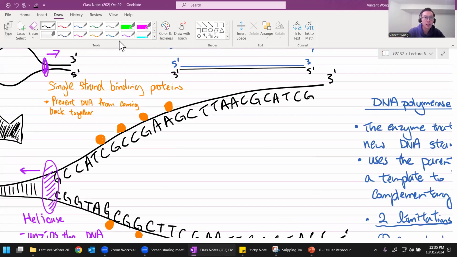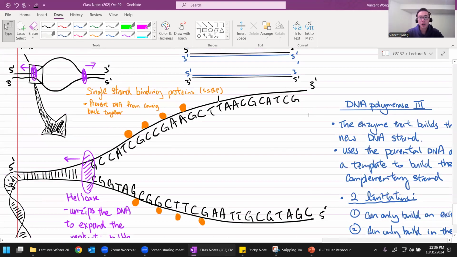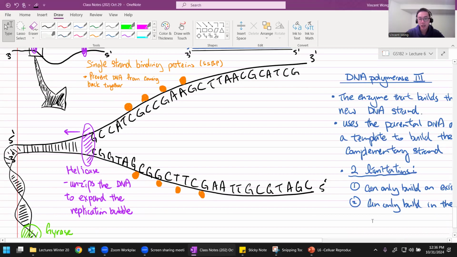They are basically going to keep the two strands apart and prevent them from coming back together. And there is actually a short form for this if you want to write it down, SSBP, single strand binding protein.